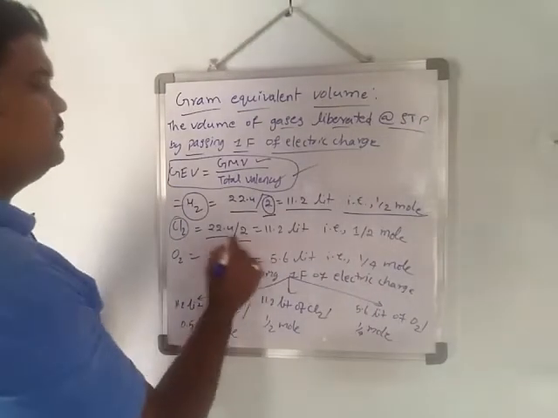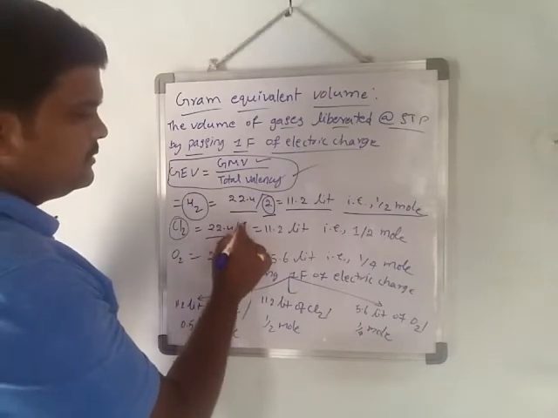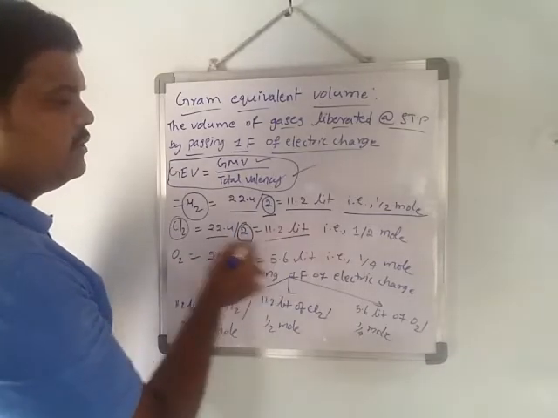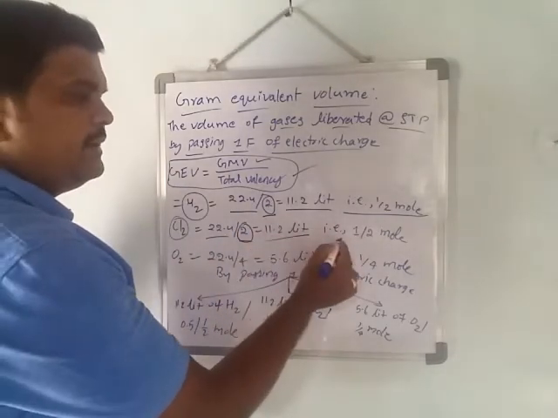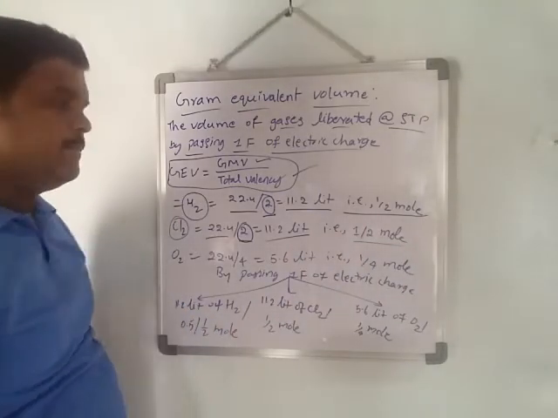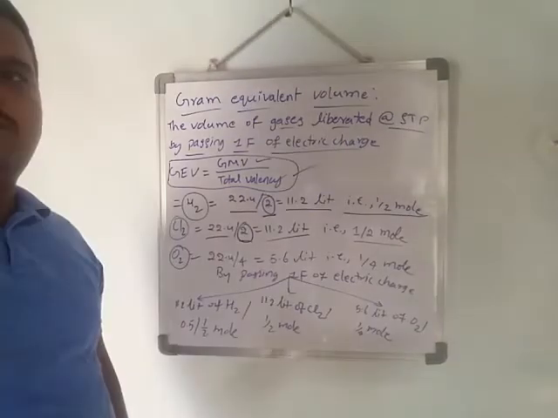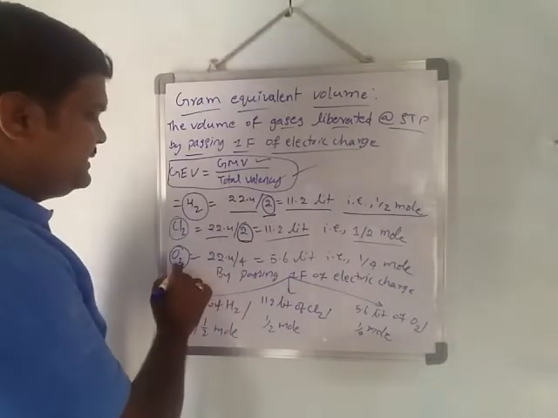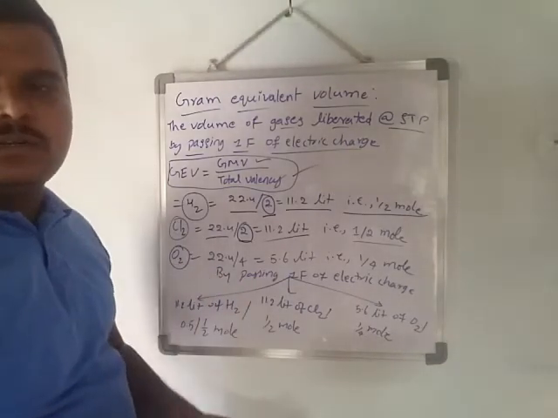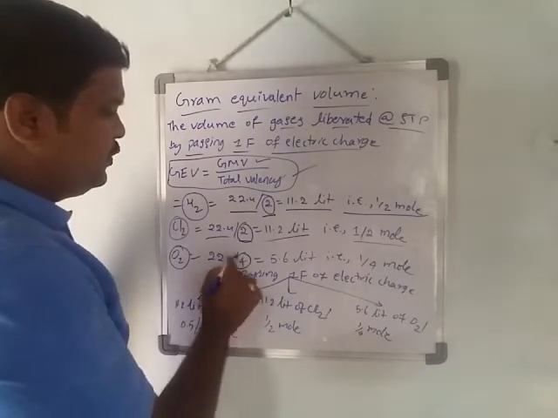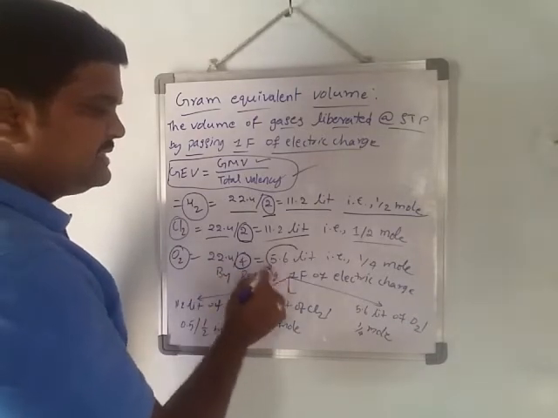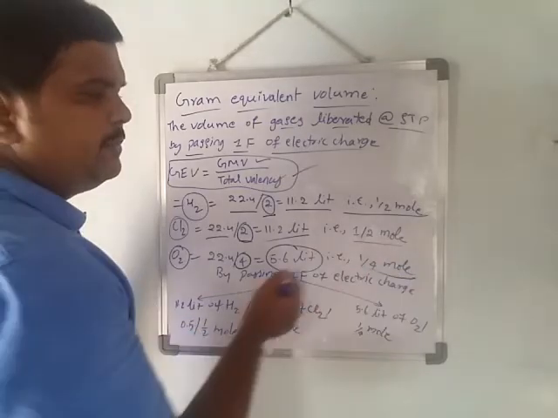For chlorine the total valency is 2, so 11.2 liters is liberated, that is half mole. Oxygen also, it can gain or lose 2 electrons, 2 oxygens, that is 4, so 22.4 by 4, that is 5.6 liters it can liberate, that is 1 by 4 mole.